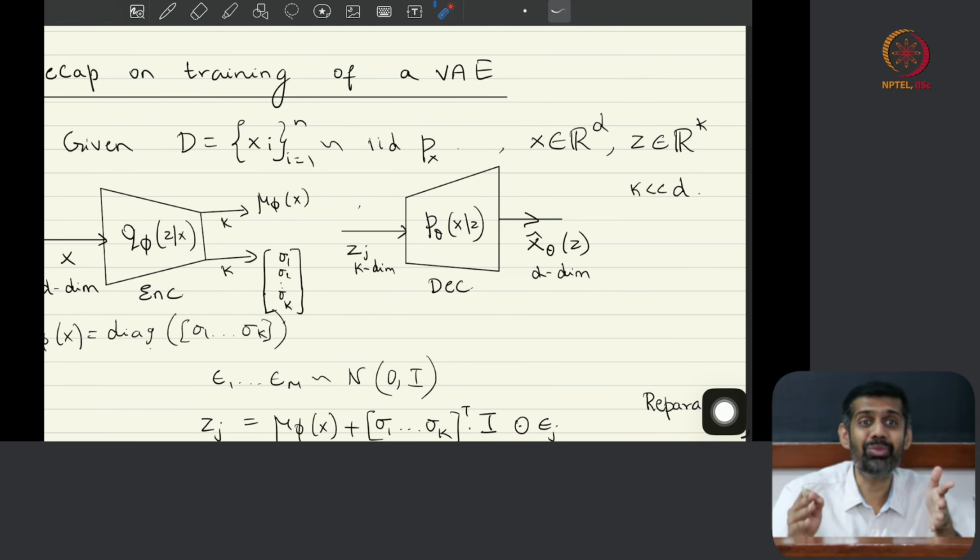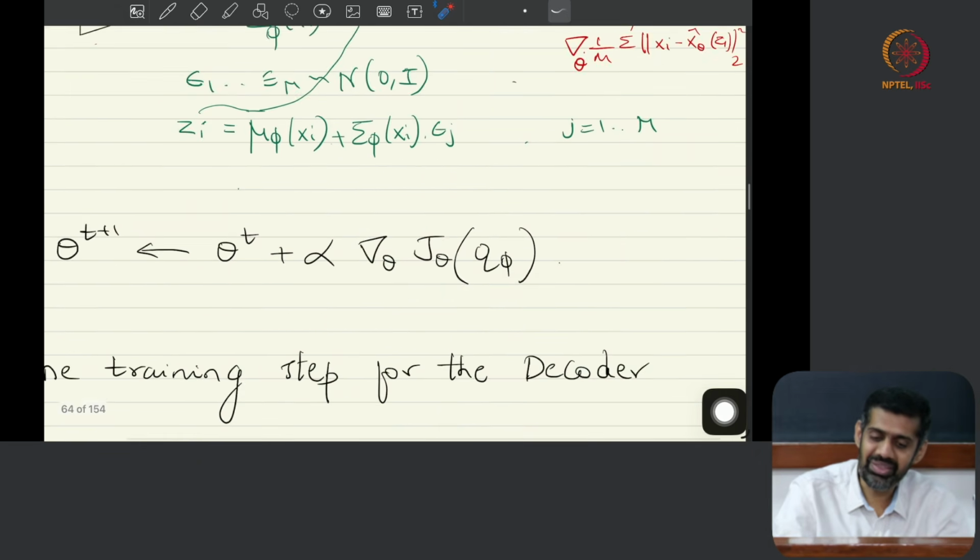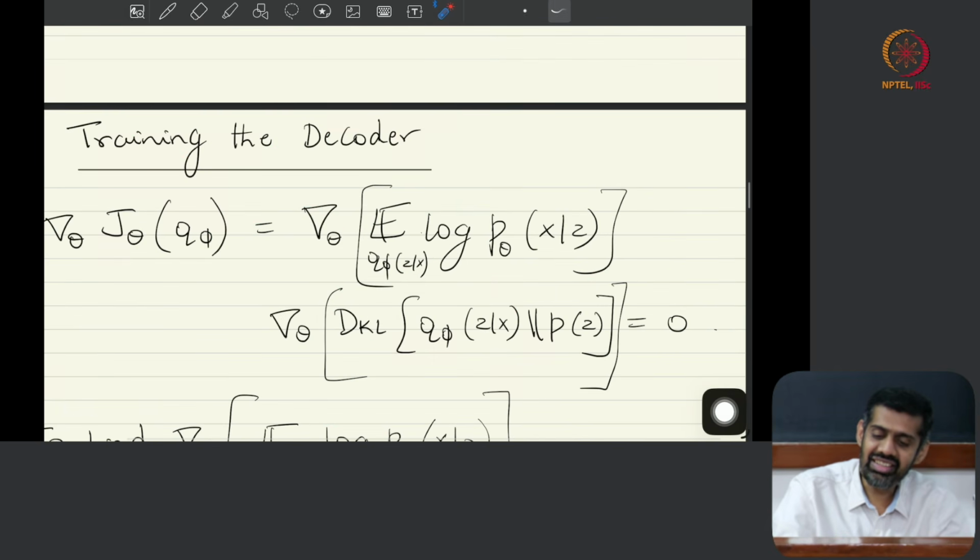This is what people mean when they say that you cannot back propagate through sampling. When they write blogs, they say that in a VAE you need reparameterization because you cannot back propagate through sampling. What are they trying to say? They are trying to say that here is an expectation with respect to q, and you need to approximate this expectation using the law of large numbers, using samples from q, and the sampling has to be done.